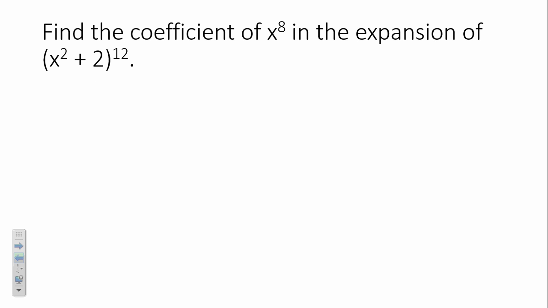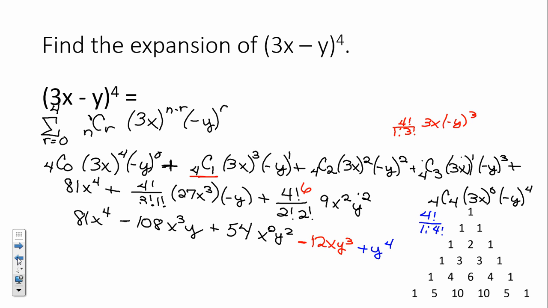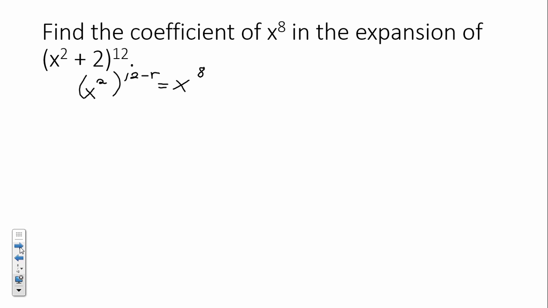Because when we look at our summation, we have our highest power minus r. We want to figure out what our r is going to be here. So we need to figure out what r is. And we have an x squared to begin with.